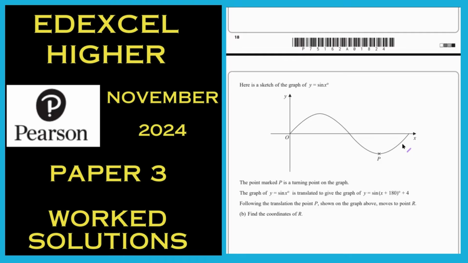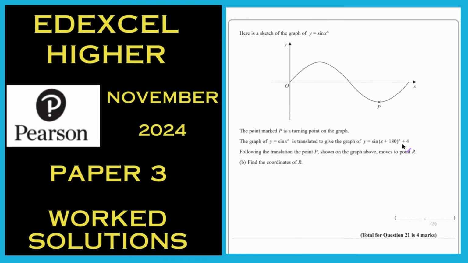On to the next one. Part B, you've got the sine curve. It's asking us to translate it. There are two translations gone on here. A +4 on the end of an equation moves a graph up 4 units.